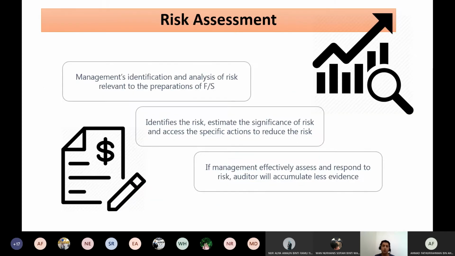Okay, so now we move to the second component, which is risk assessment. The management's identification and analysis of the risk relevant to the preparation of financial statements.